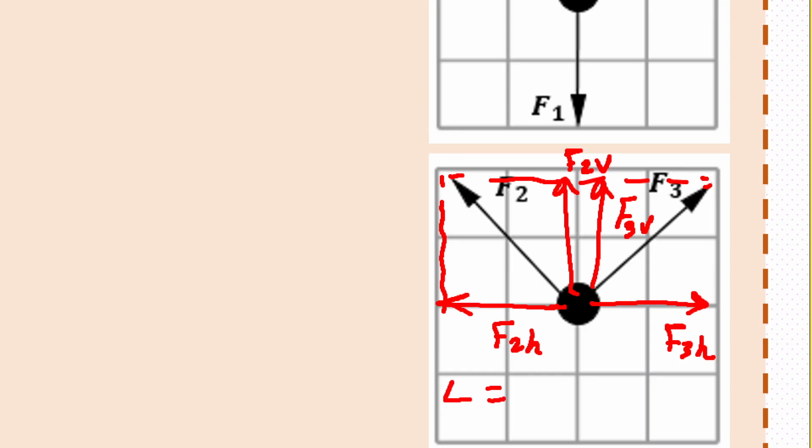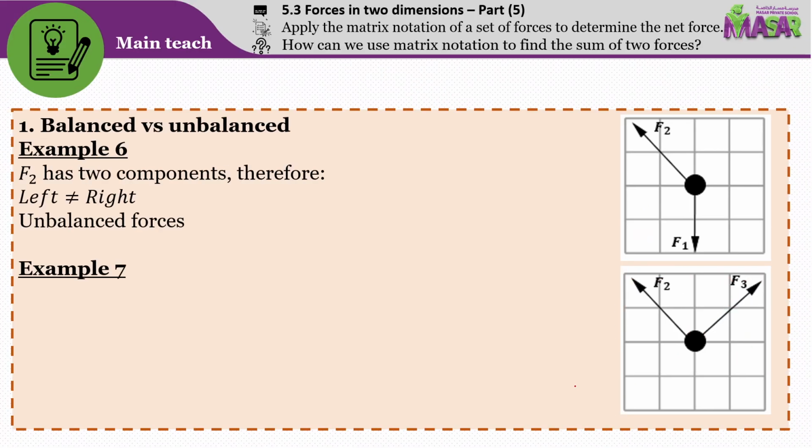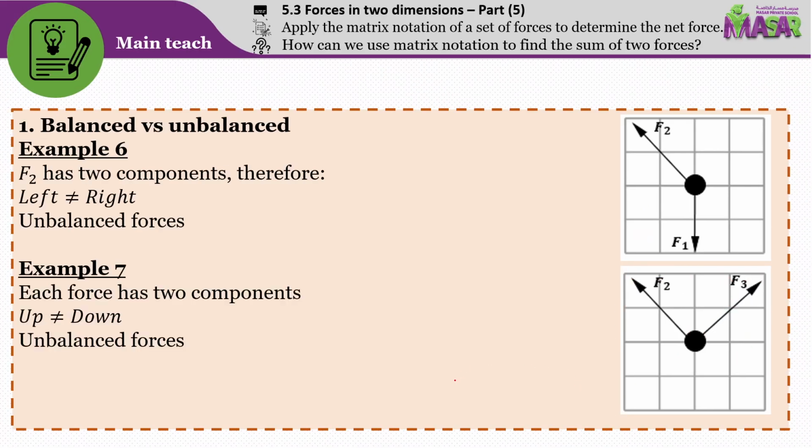So we can say left equals right since both of them have a magnitude of 2 units. Vertically, the situation is not similar to the horizontal one because we have two forces acting upward with a total magnitude of 4, 2 for each, and there is no downward force. This is why we are dealing here with unbalanced forces, since up does not equal down.